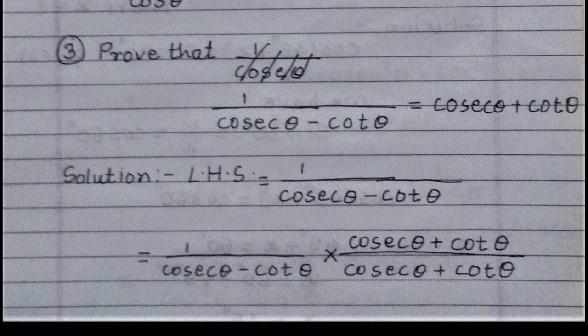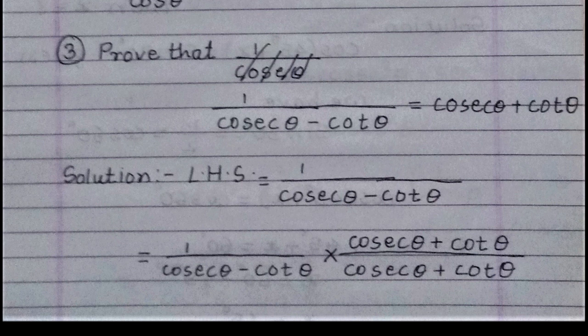LHS. What is the LHS given? 1 upon cosec theta minus cot theta. Here we rationalize the denominator. Keep in mind, when you rationalize the denominator, you must change the sign.